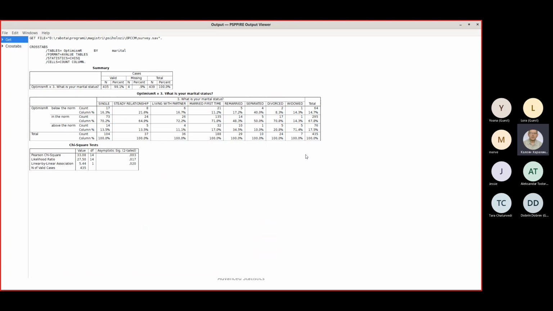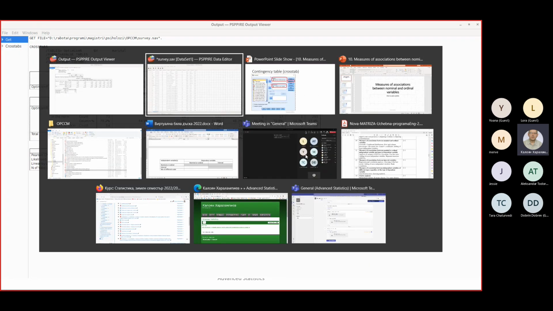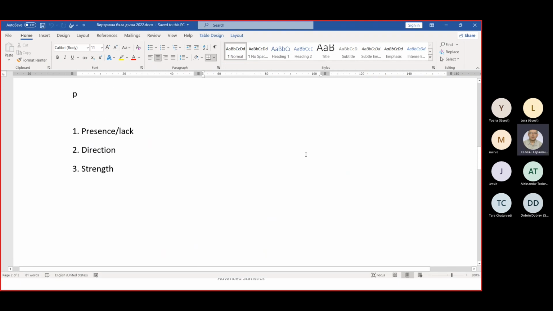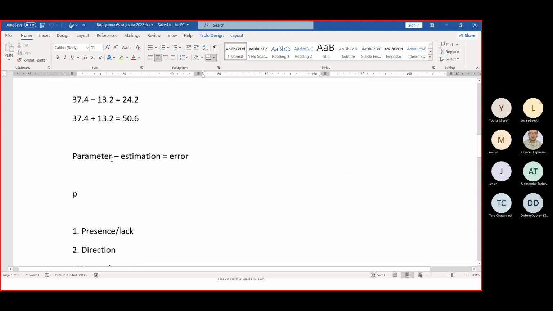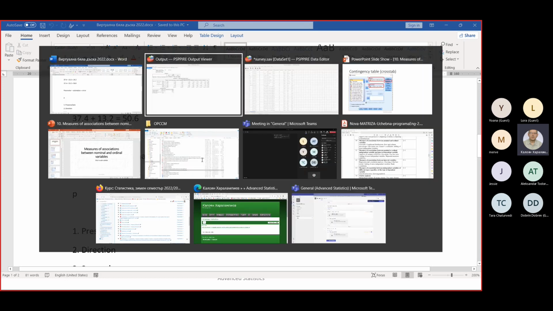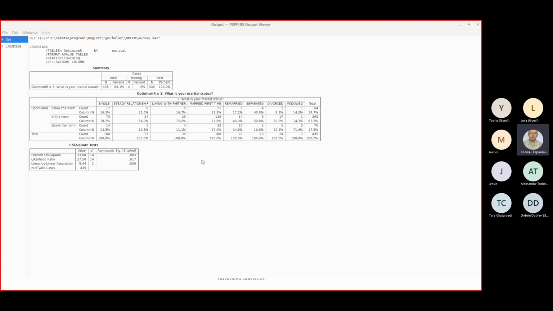But when we work with samples, these percentages are estimations. And yesterday I said that when we work with samples, there is sampling error. Always there is sampling error. So the question is again the same.